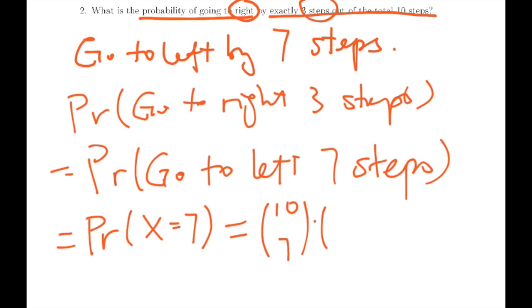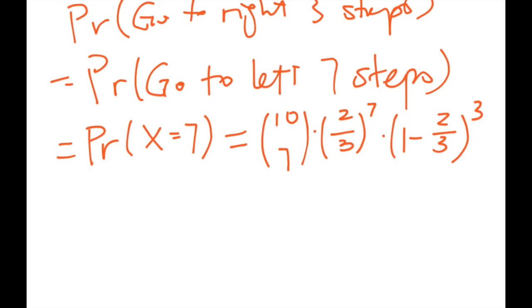Now we're going to look at the next part of the problem. We want to find the average number of steps going to the left. So basically we're going to find the expected value of X. Again, remember that X has a binomial distribution with total n equal to 10 steps and the success probability equal to 2/3.